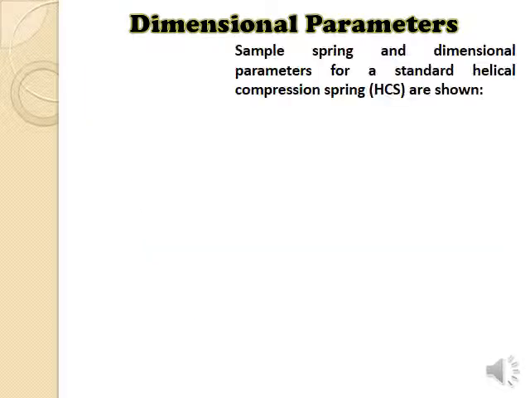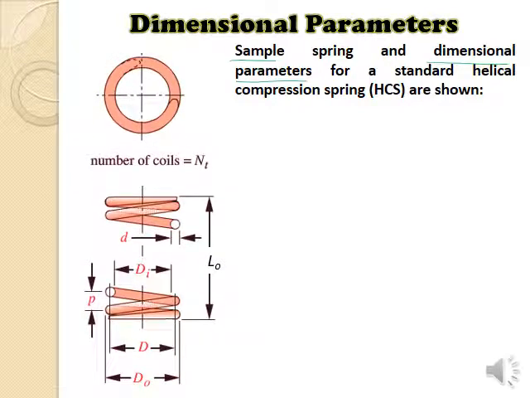So let's look at the dimensional parameters. Here we'll take a sample spring and see what parameters we need to define a standard helical compression spring. Here is a typical spring. This is the cross section of the spring that you see over here, and this is the spring.